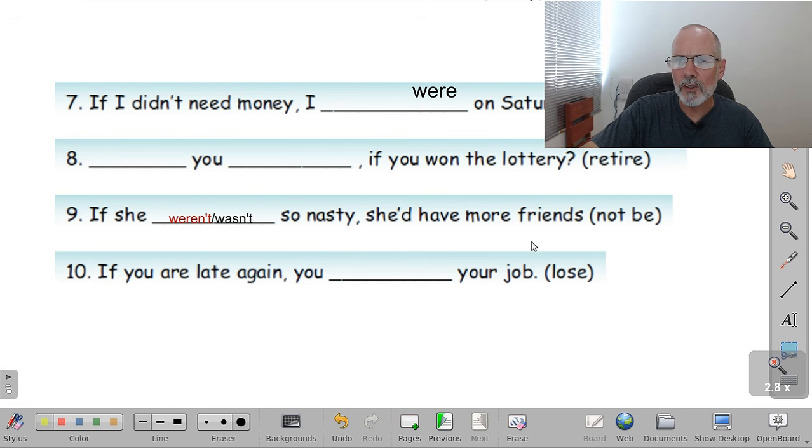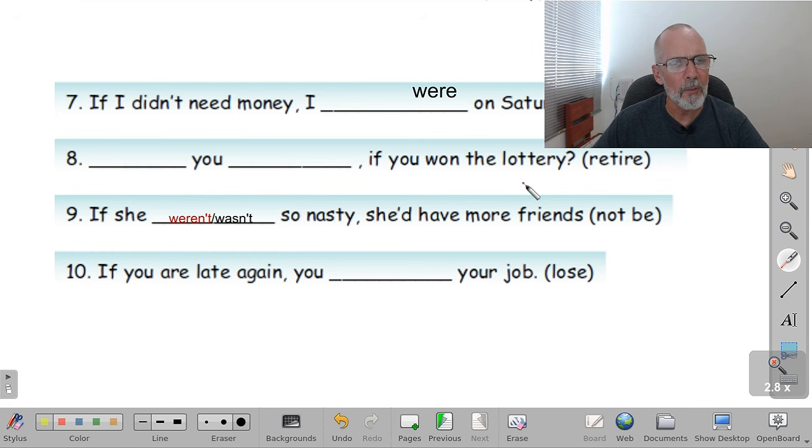If she weren't so nasty, she'd have more friends. But you will hear native speakers say, if she wasn't so nasty, she'd have more friends. And really, native speakers cannot be wrong because the language is the way it's spoken. So it's okay to say if she wasn't. Yeah, Tanya says I never saw were with she. Well, the more formal, correct way is not to use was at all in these.